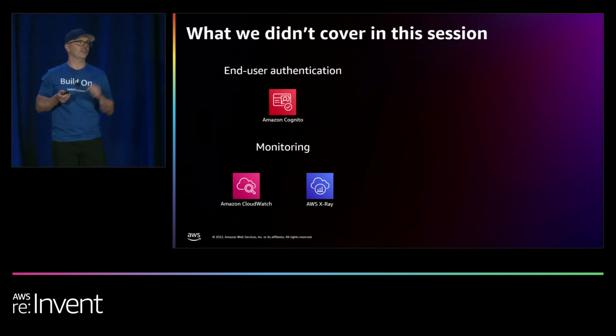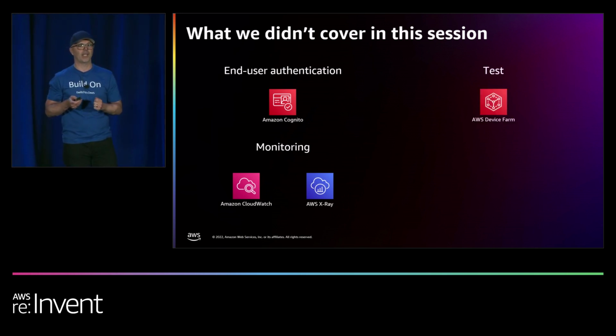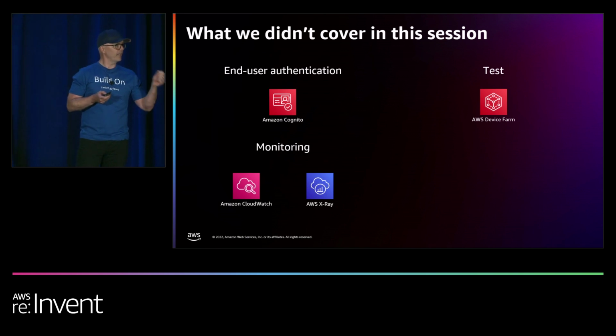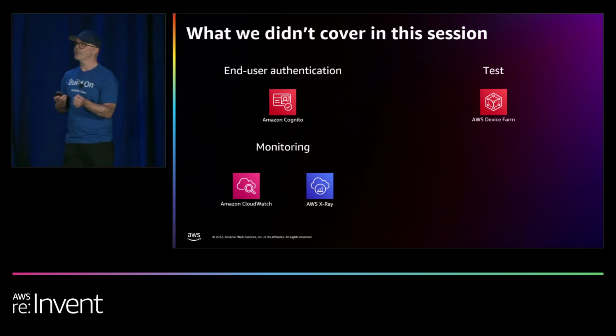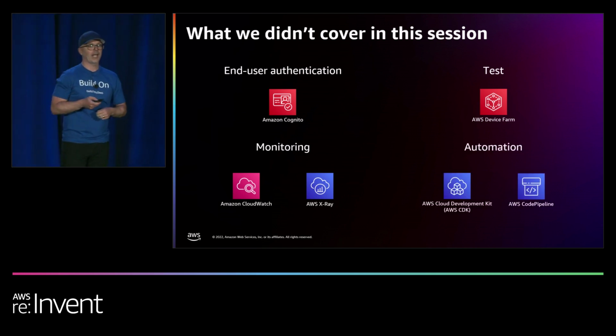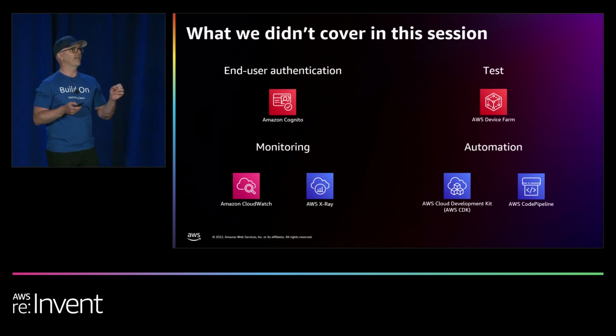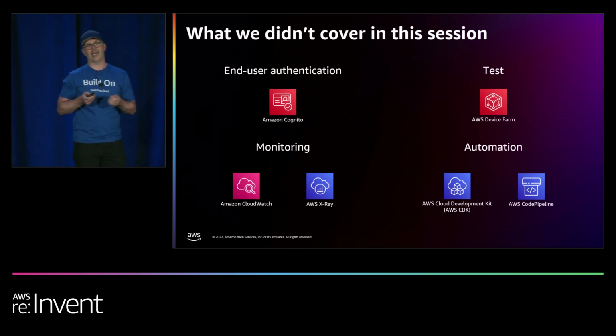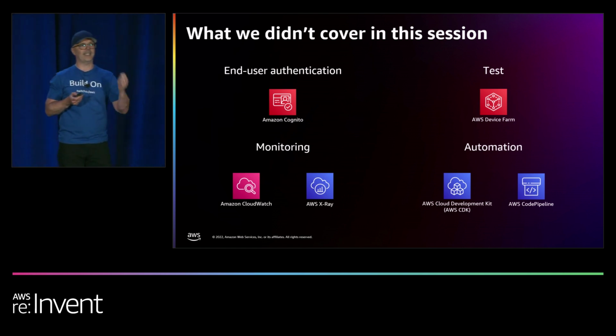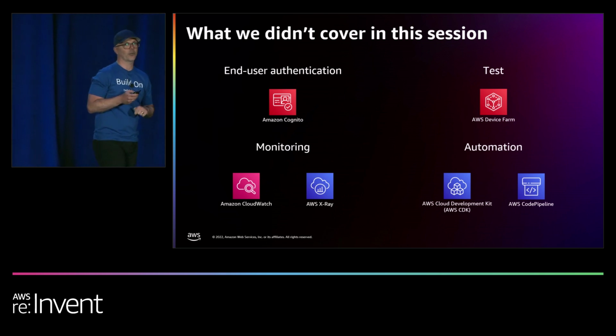We would have done that using CloudWatch and X-Ray. We could have built automated testing using Device Farm. I would build that as well if this were a production-style app. And we didn't do a build and deployment pipeline. That's a no-brainer, because in production we would need to get new client versions out quickly and fix bugs even quicker.